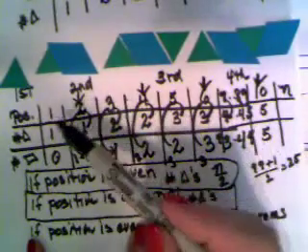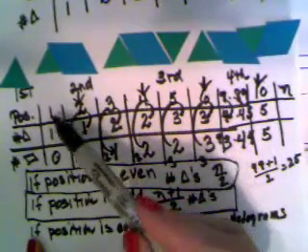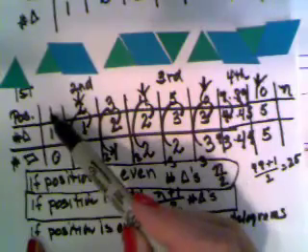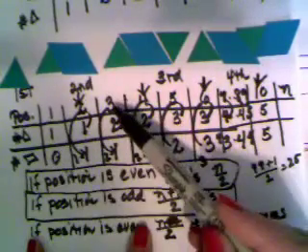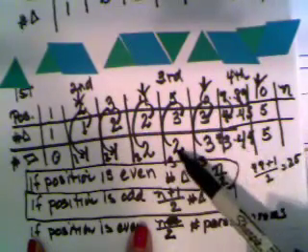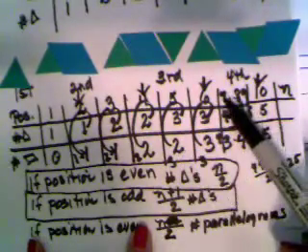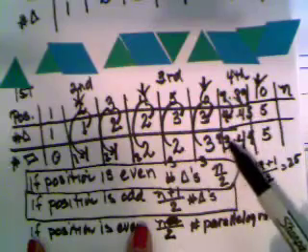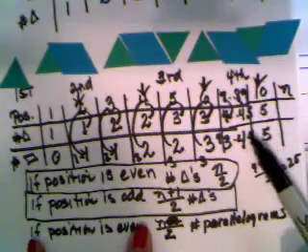But what if the position is odd? 1 to 0, 3 to 1, 5 to 2, 7 to 3, 9 to 4.